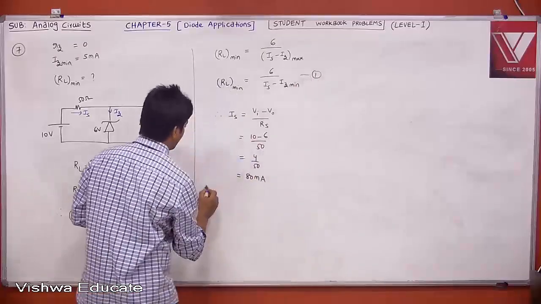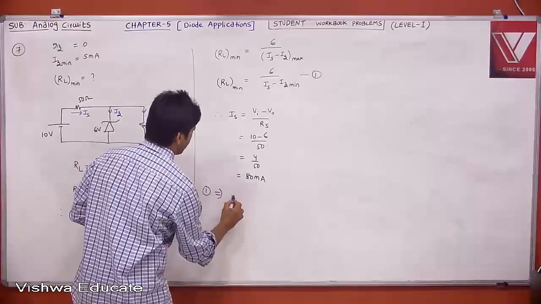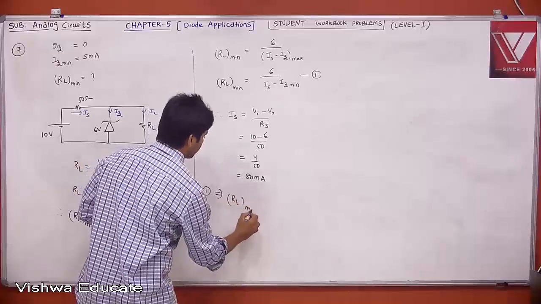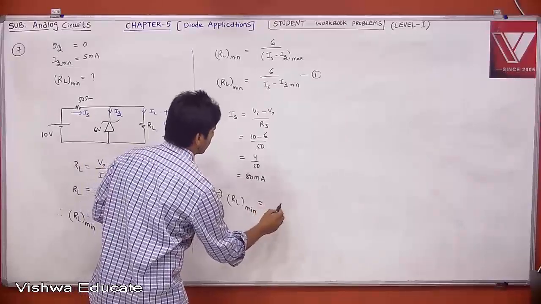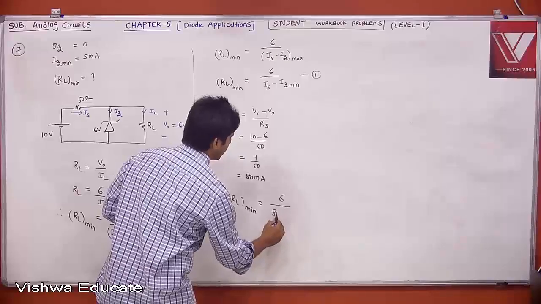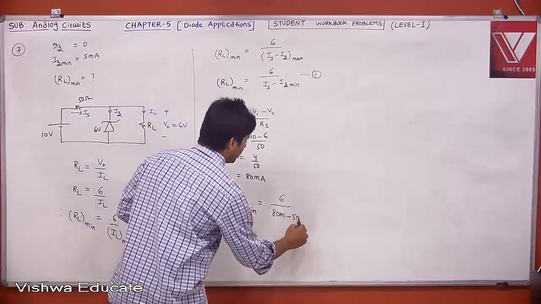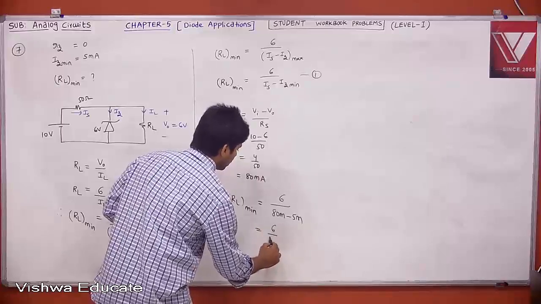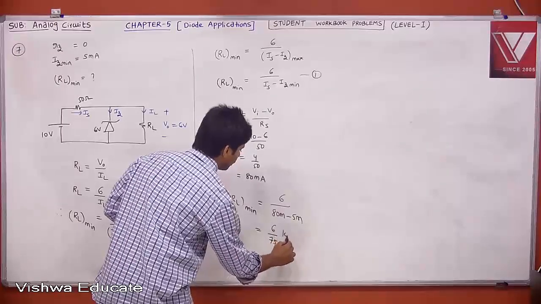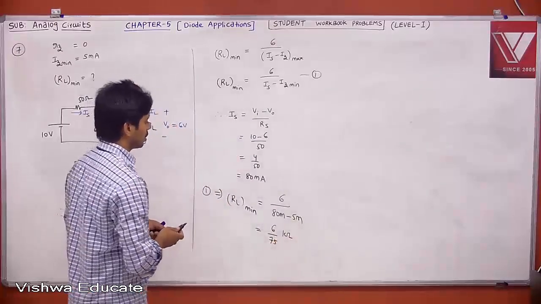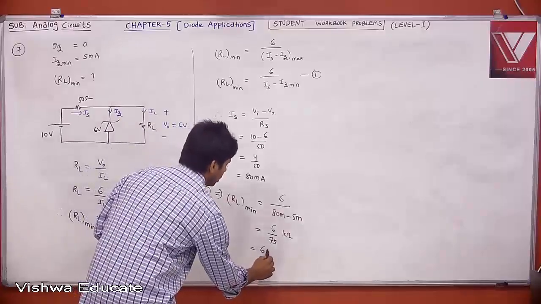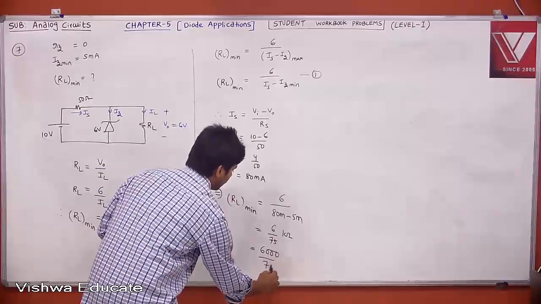Take this as equation 1. Therefore, equation 1 implies your RL minimum is equal to 6 divided by 80 milli minus IZ minimum 5 milli, which is 6 by 75 milli, which will become kilo ohm. 6000 divided by 75.